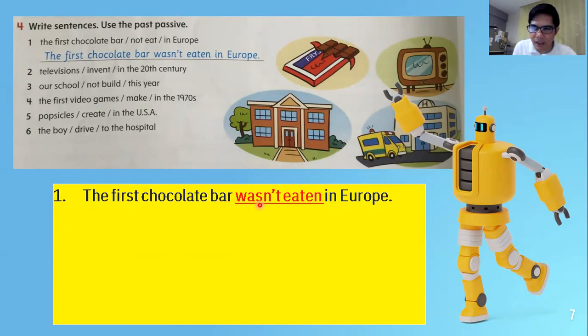Singular, but in past. Eaten is the past participle form of the verb eat. All right? So the first chocolate bar wasn't eaten in Europe. Number two, take a look. Televisions, plural. Invent. What's the verb three for invent? In the 20th century.